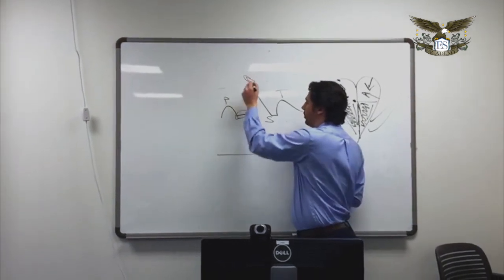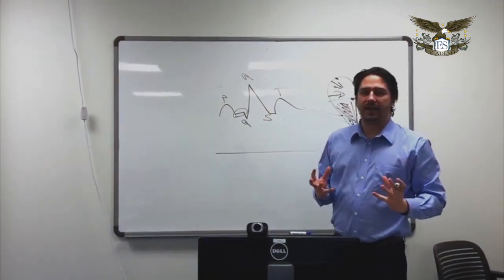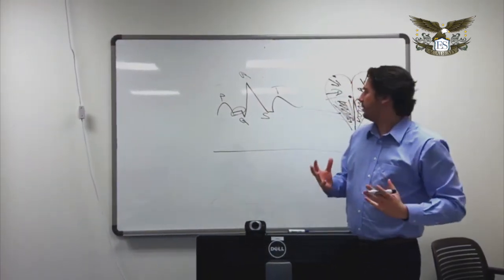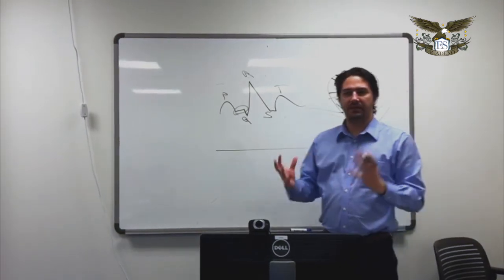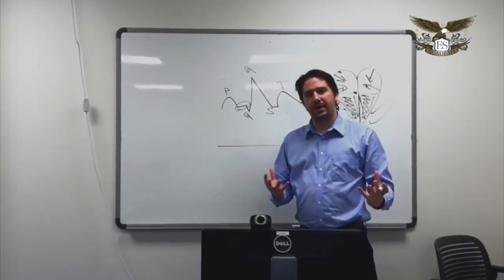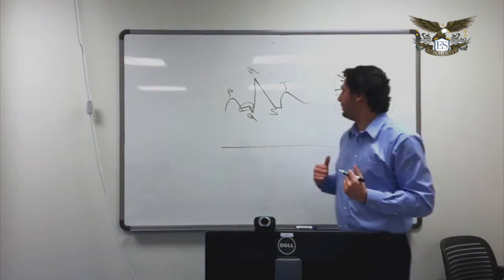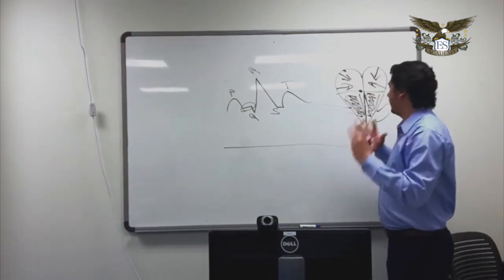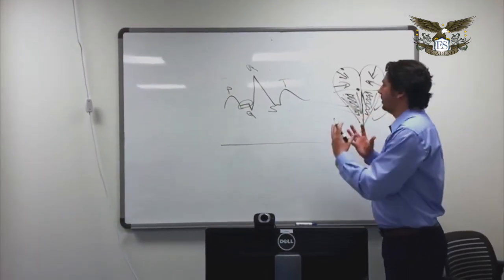That is your Q, your R, and your S complex. QRS complex. Each one represents something individually that you have probably read about in the material or are going to read about. And that is, again, the electrical shock to push the blood out.